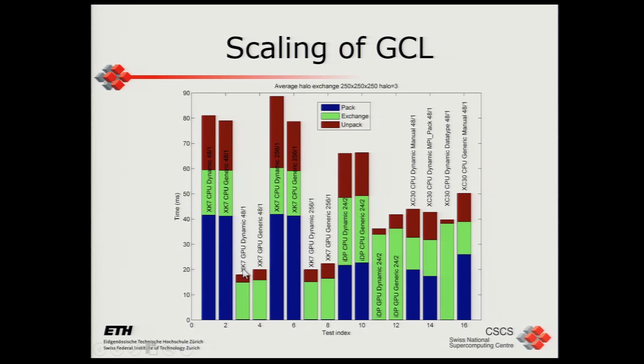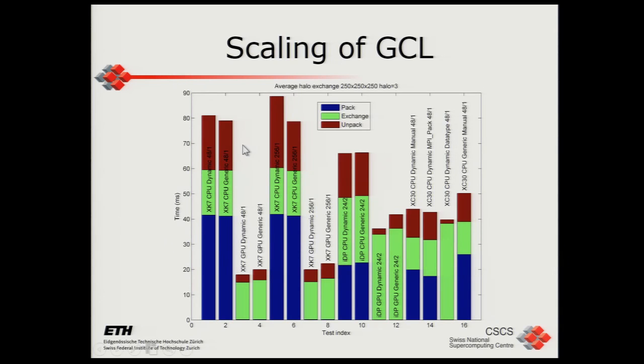While when we run on the GPU, the packing and unpacking is basically nothing. And the exchange time is more or less the same, even though sometimes it's faster on the GPU. And it's faster on the GPU because Cray was able to implement a very good strategy to get the data out of the GPU very quickly.